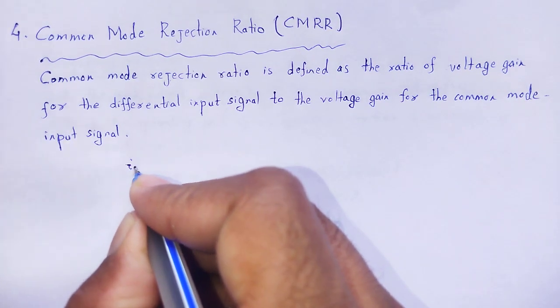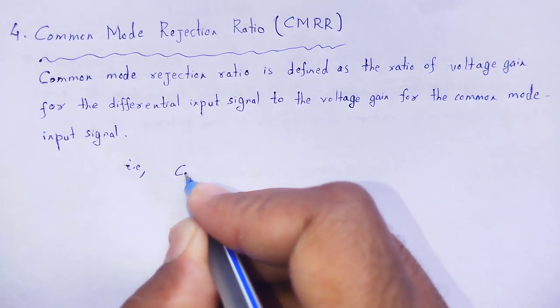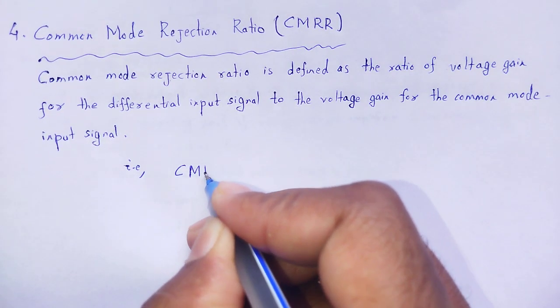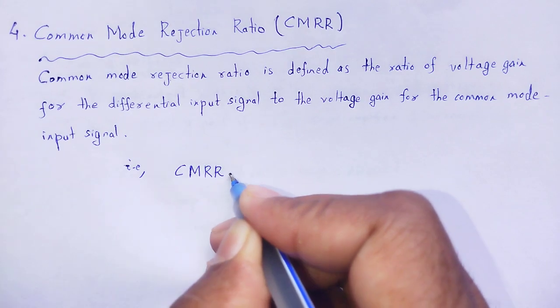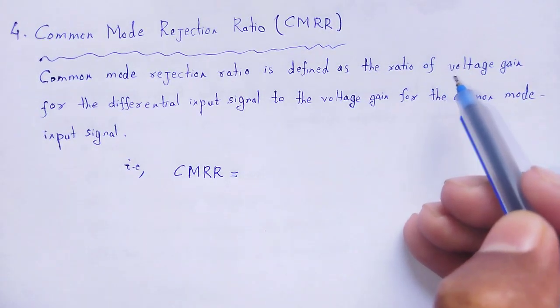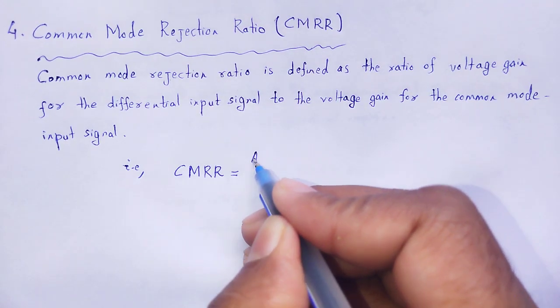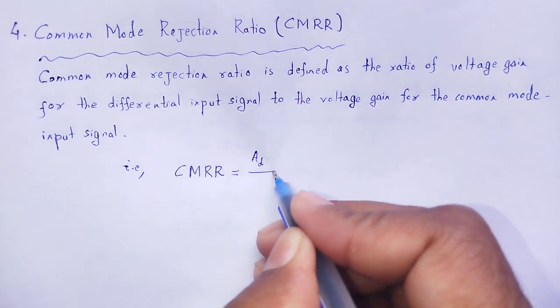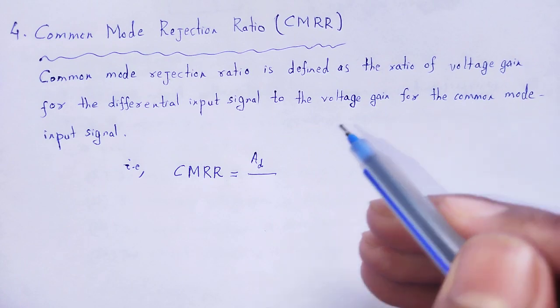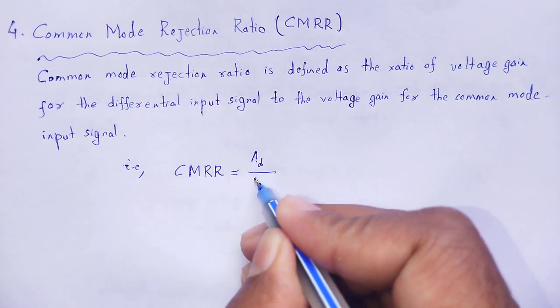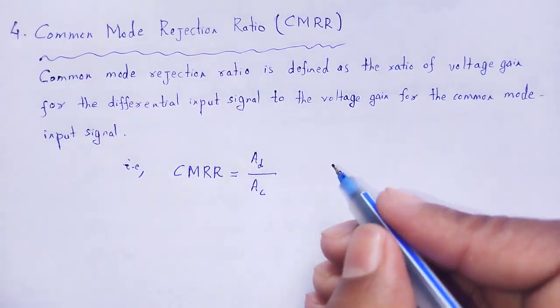So mathematically, CMRR is the voltage gain for the differential input signal, AD, to the voltage gain for the common mode input signal, AC.